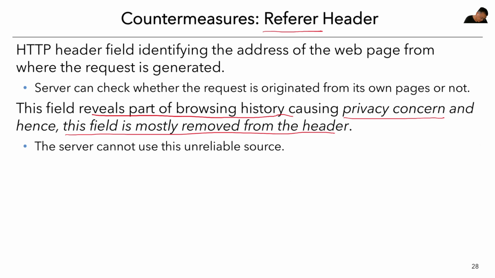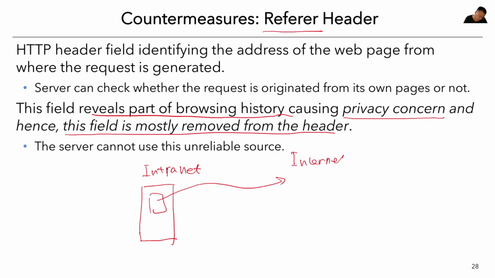So think about the case. If we have an intranet, or the internet is a fancy word for the internal network. So on the internal network, you maintain some pages which refer to a public page on the internet. Here this will be your router, sometimes called a gateway.